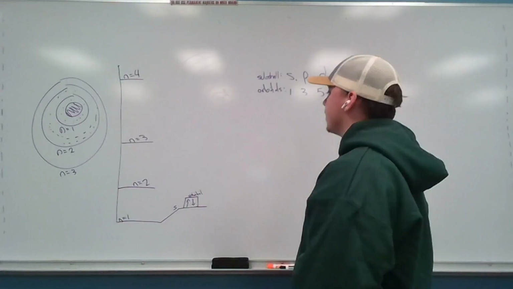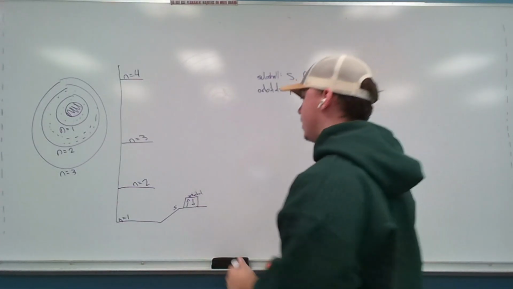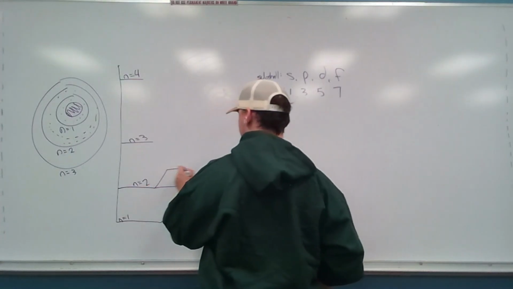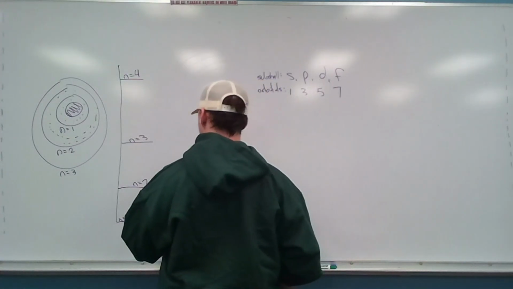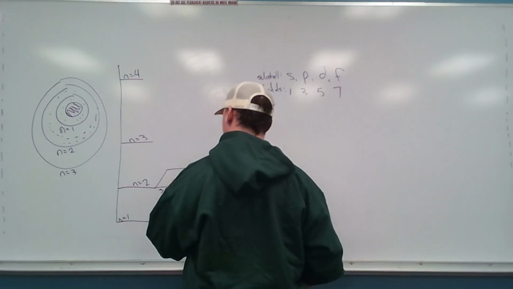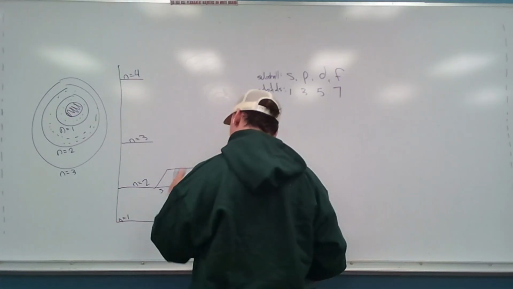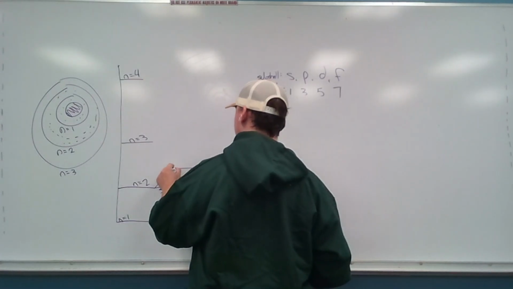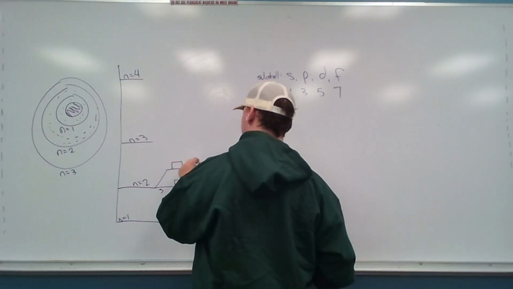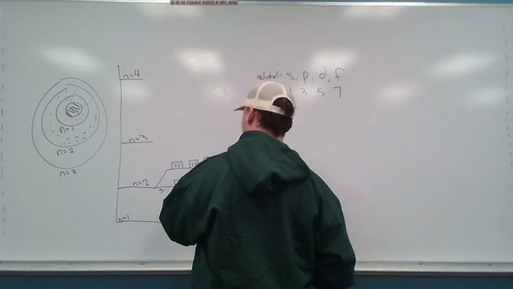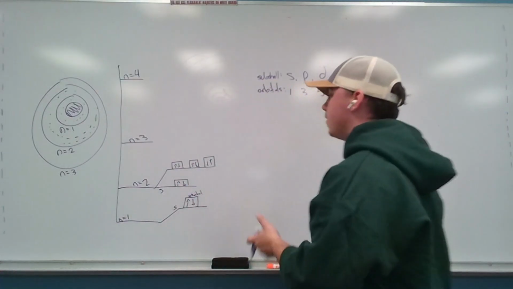As I said, the second shell will have S and P. So let's divide and conquer. S is going to have 1 orbital, and then our P is going to have 3 orbitals. 1, 2, 3. Those are 3 orbitals.